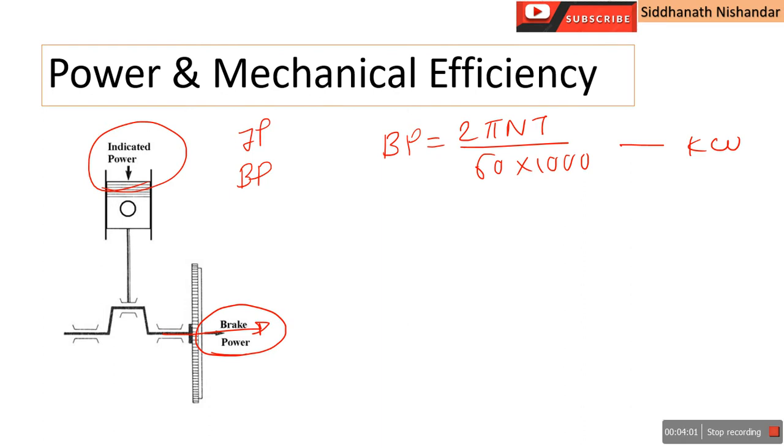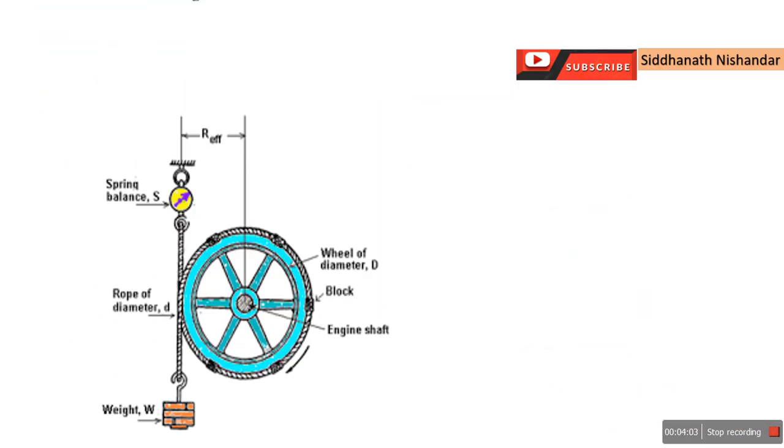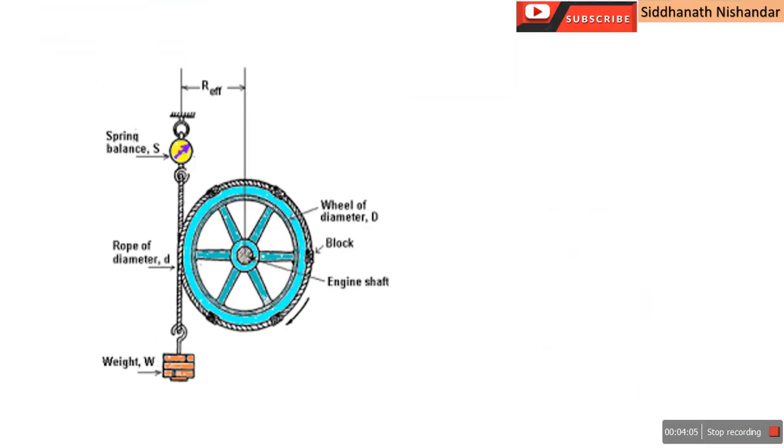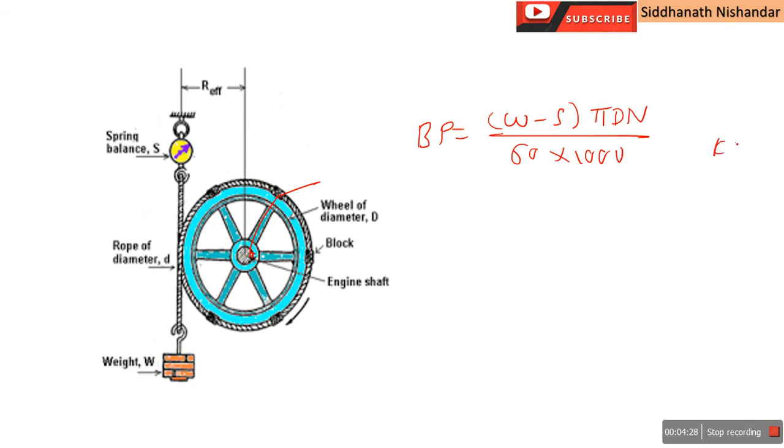If you go through the rope brake dynamometer, when conducting an experiment in the IC engine lab, the engine shaft is attached to a dynamometer, this rope brake dynamometer. In that case the formula becomes brake power equals (W minus S) into pi D N upon 60 into 1000, giving power in kilowatt.